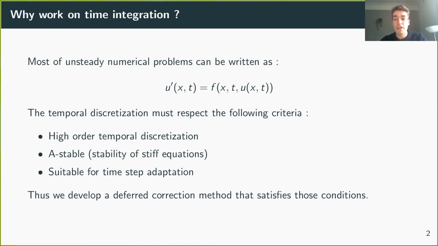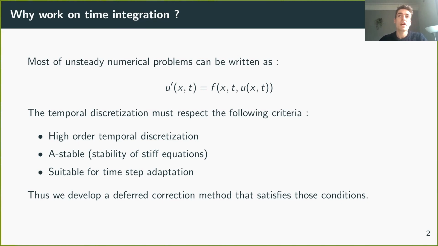For example, BDF discretizations are A-stable for BDF1 and BDF2, but not beyond that. So that's why we want to develop a different correction to have high order and keep the A-stability at the same time. And we also want to build a method that is suitable for time step adaptation.